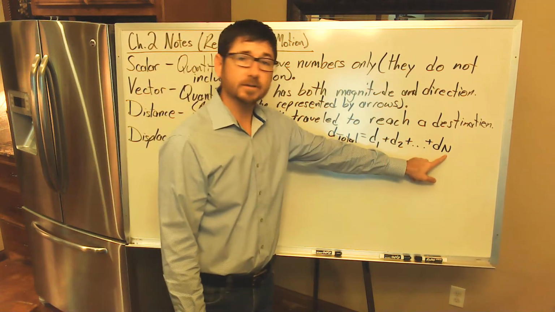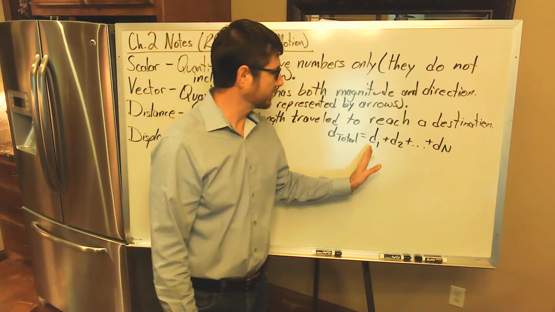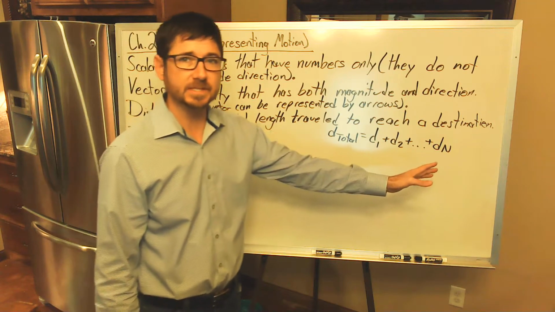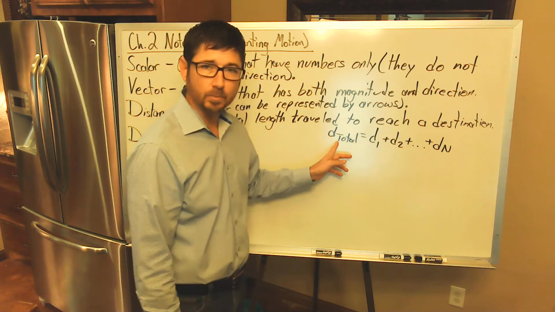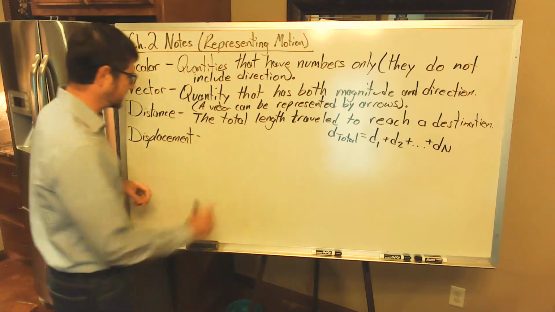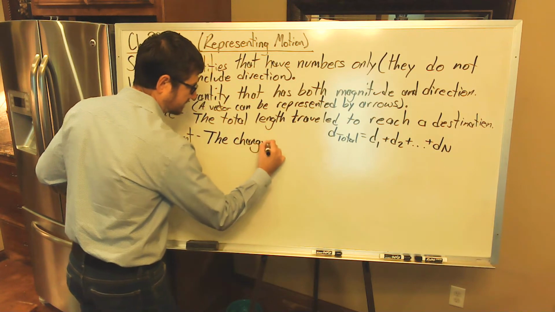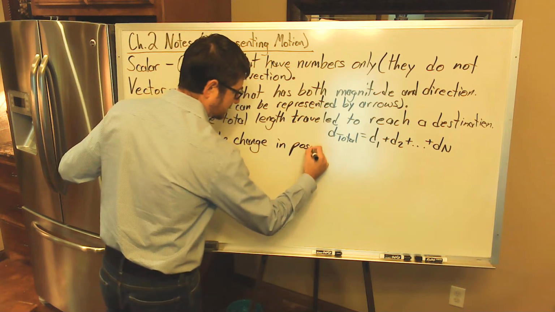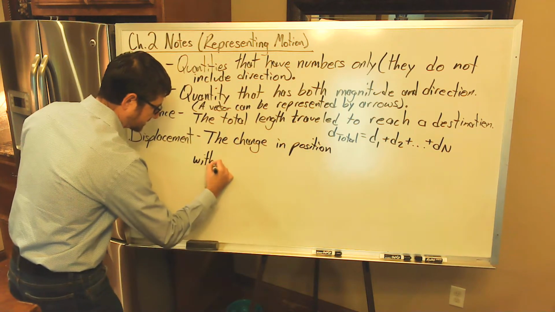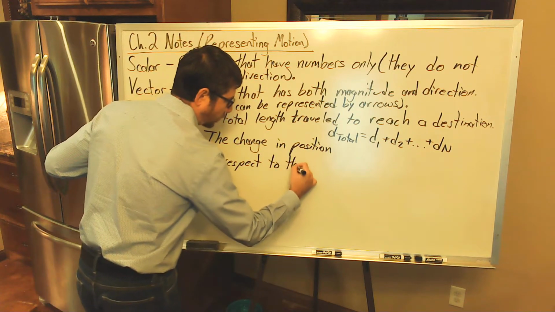Now, the n subscript means that however many distances you have, you're going to add all of those distances together to come up with your total distance. Okay? Now, displacement is the change in position with respect to the origin.